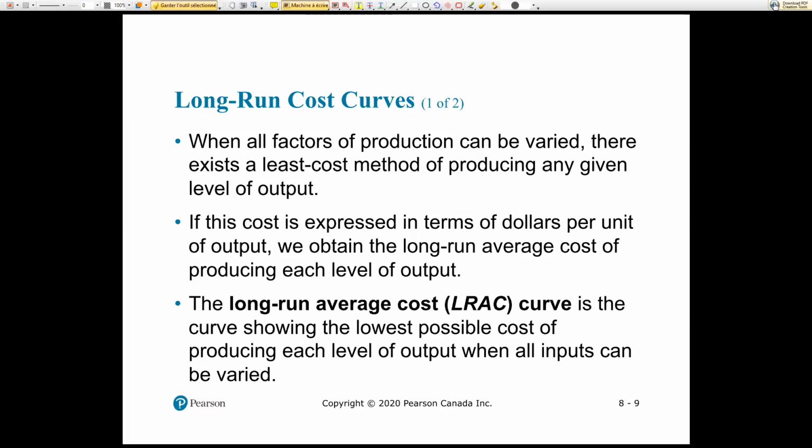So what is the optimal value I should use in terms of machines and employees? If I'm planning 1,500, or if I'm planning 800, then I'm going to again adjust both machines and employees to have this optimal combination and this lower cost curve. So what you get is the lowest cost possible for each production level I would like to have. And this is what we're going to call the long-run average cost curve.